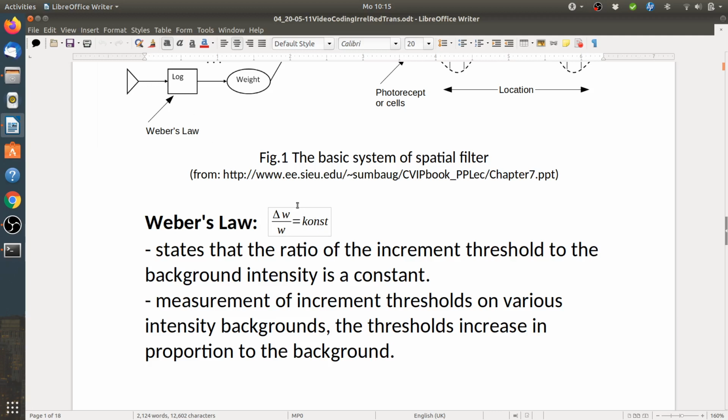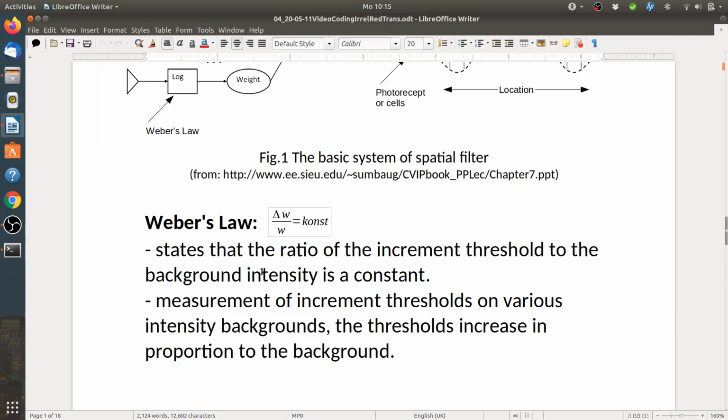And this law basically says when we change a sensory input relative to the physical size, and this relation is constant, then we have the impression that we add something constant to it.